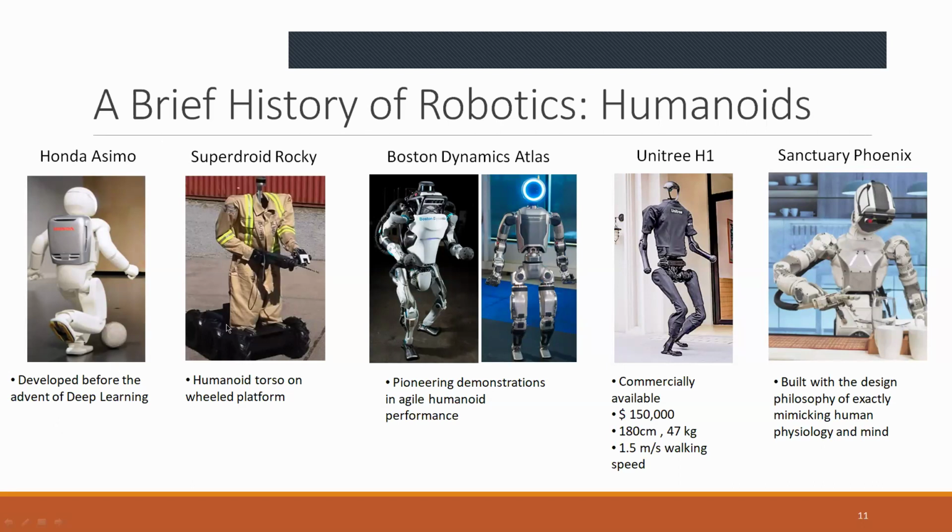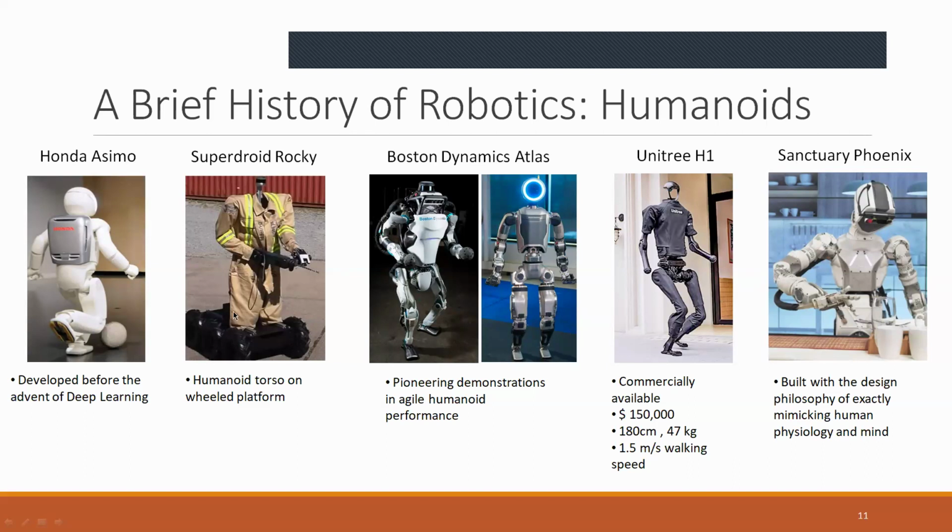It's a very popular robot. And then you may not have heard of the Superdroid Rocky. Superdroid is actually a company run by around 5 or 6 engineers. It's a very small company, but they do have a humanoid platform of their own.